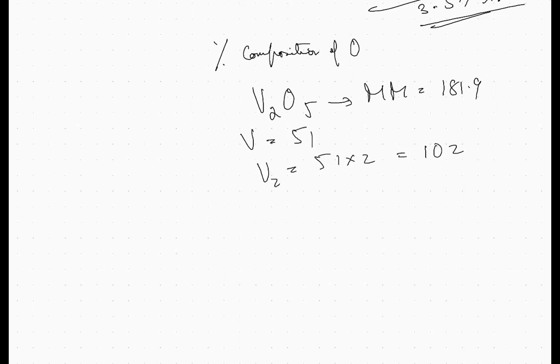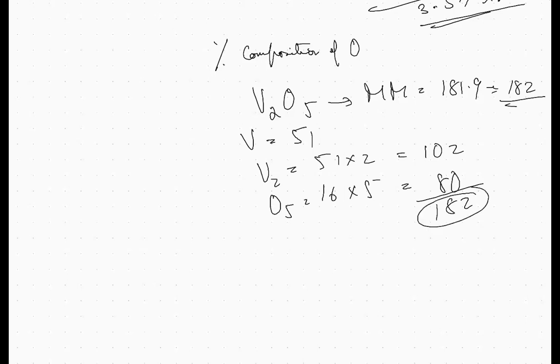Then oxygen, we have 5, that's 80. That's how you get it. So it's 180 molar mass. Let me make it 182 because I'm following that as a percentage. So out of 182, oxygen is 80. So 80 divided by 182 times 100, I get the percentage.